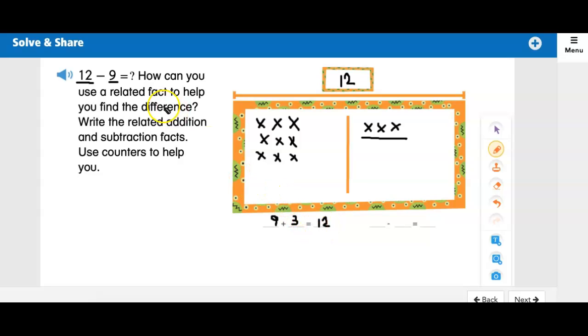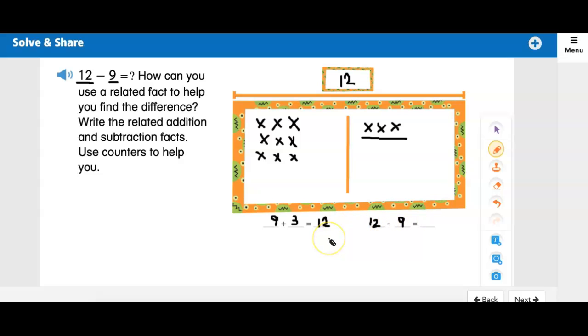Now, we were wanting to find 12 minus 9. That was our initial question that our solve and share was asking us. So 9 plus 3 equals 12 is a related fact to 12 minus 9 equals blank.